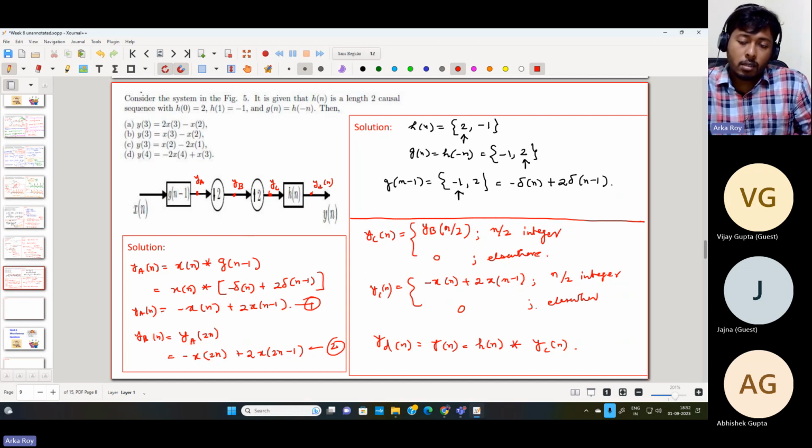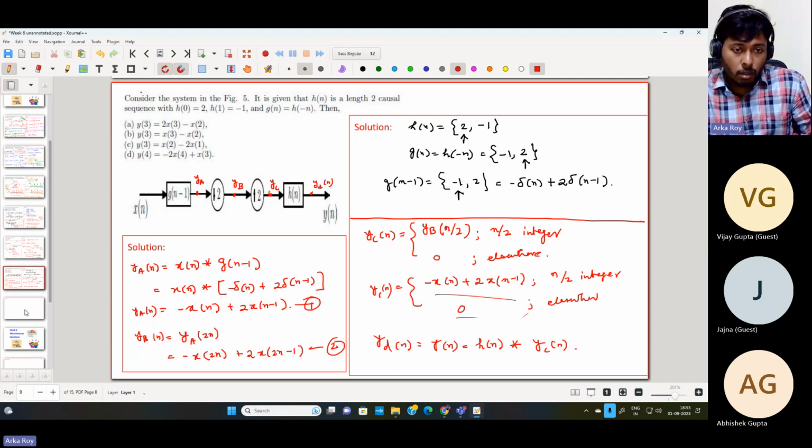This is where people make the mistake. At each and every point, I am not getting the same value. In some places I have 0, in some places I have x of this particular representation. So for these kinds of questions, we need to go for the graphical approach of convolution.